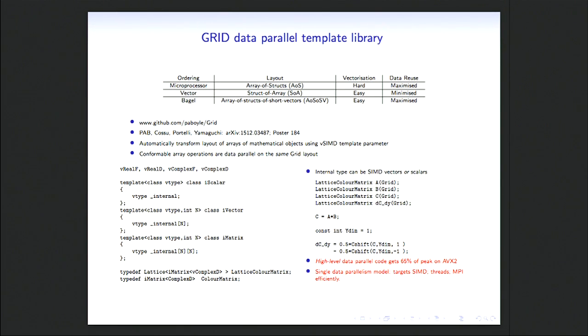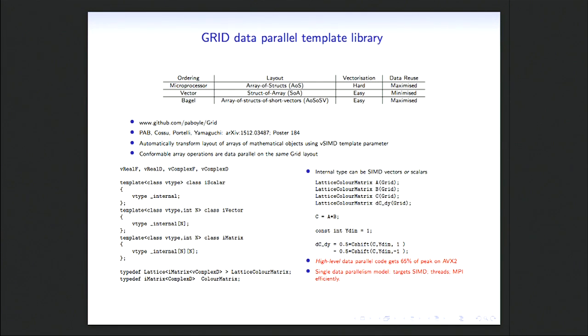Okay, so we compose this array transformation where we've interleaved different virtual nodes in our array of structs of arrays inside our code, and we hide it from the user by packing everything into a lattice object, one of these lattice container classes.